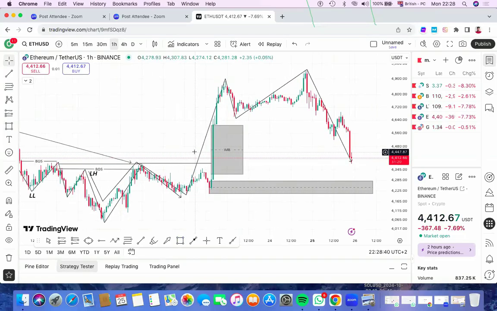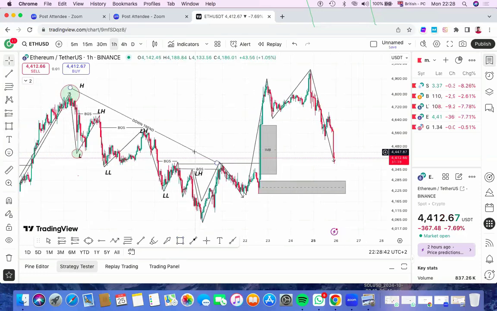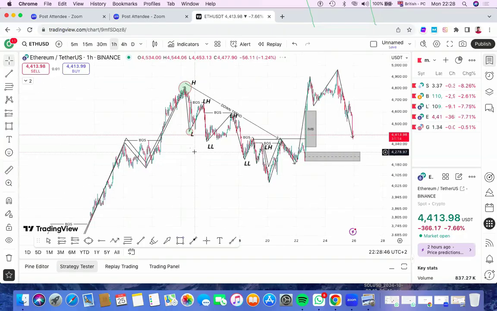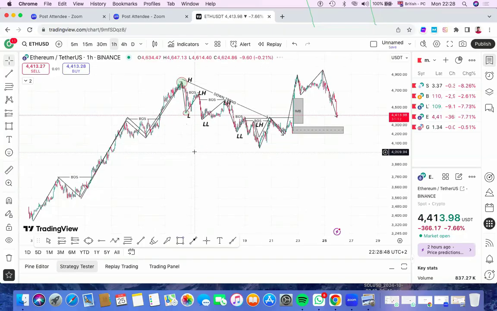Okay, so the next terminology we've learned about today, we've learned what our high is, what our low is, when the market is in a downtrend, and we know what an imbalance is.